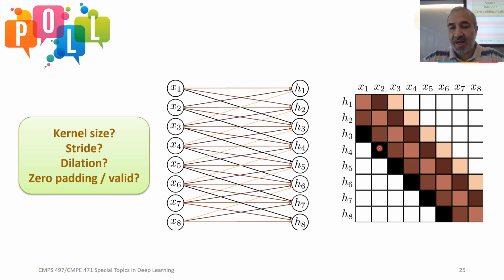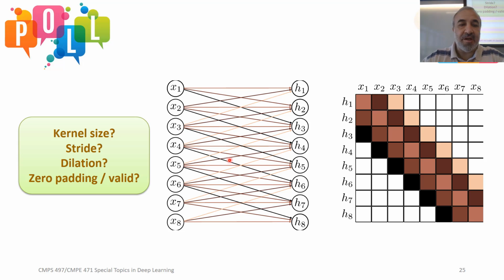If you look at the matrix, can you tell what the stride is? Yes, how? Because we are shifting. You can look at the weights here. They are shifted with every row. We are shifted by 1, right? So the stride here is 1. You can tell it also from the network figure. Look at the exact weights. H3 here is centered at X3, H4 is centered at X4, and so on.